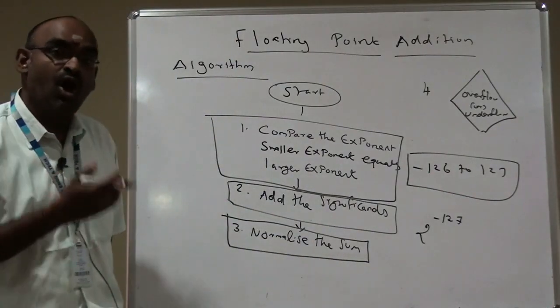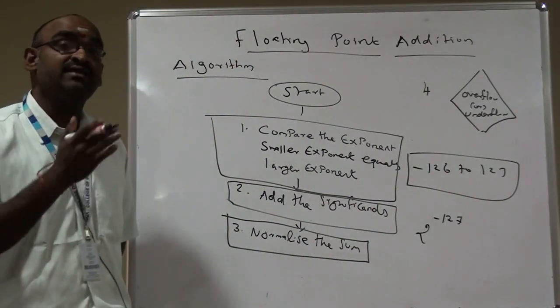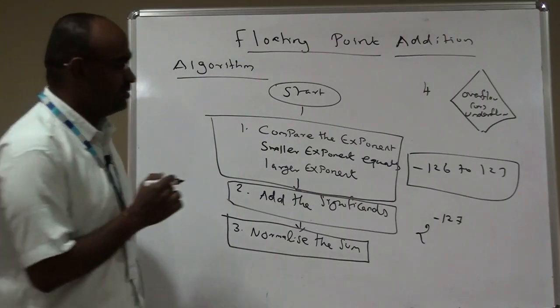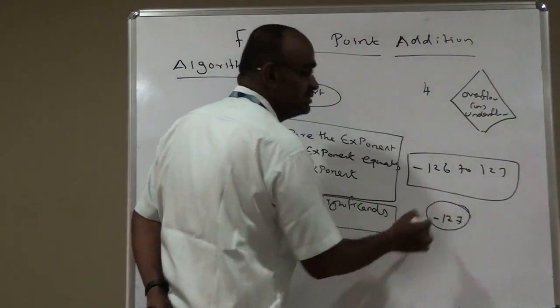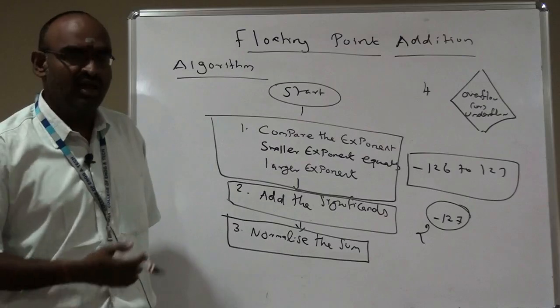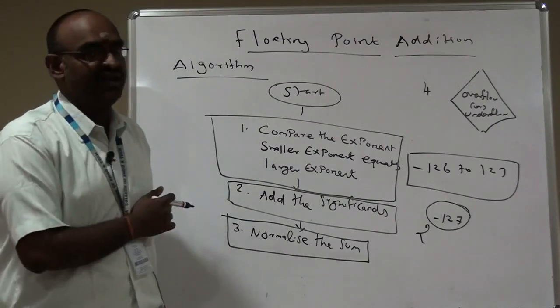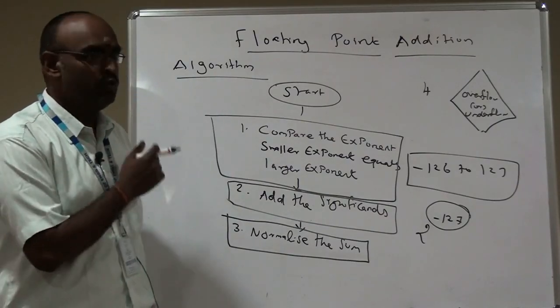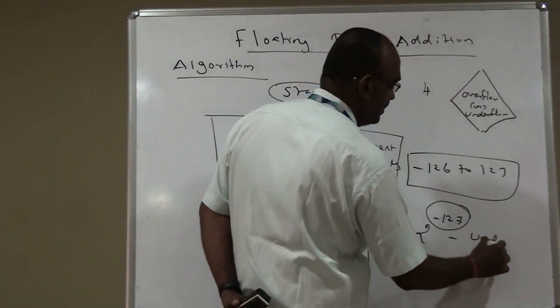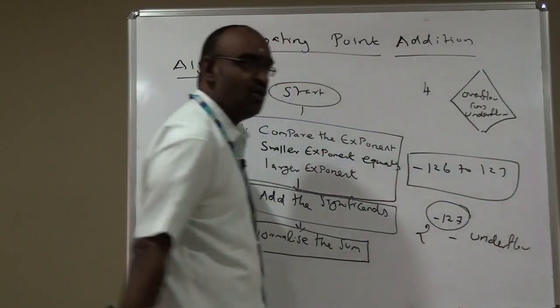When there is a very small negative number, we cannot represent it in either the 8 bits of single precision or the 11 bits of double precision. So with -127, what may happen? This is an exception. In any compiler, either C or Java, if the value is a very small negative number that we cannot represent, we cannot do any kind of addition. So this is called underflow: when the negative number is too small, it goes to underflow.